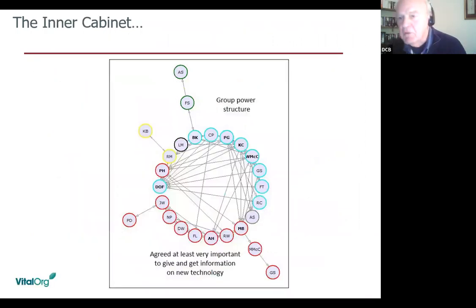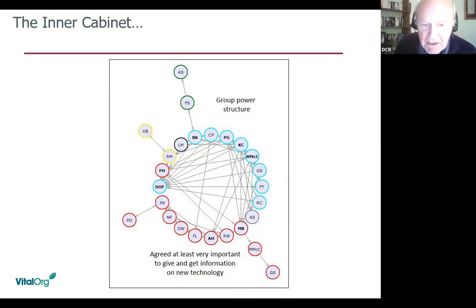Now, here's an interesting one, and let me explain before you look further into this. We actually have four clustering algorithms in our product, and we're only going to show you one of them tonight. That one is represented here because within every single topic, on every single dimension of our database, there's always an inner cabinet, and the inner cabinet is in control of that particular topic, whatever it may be.